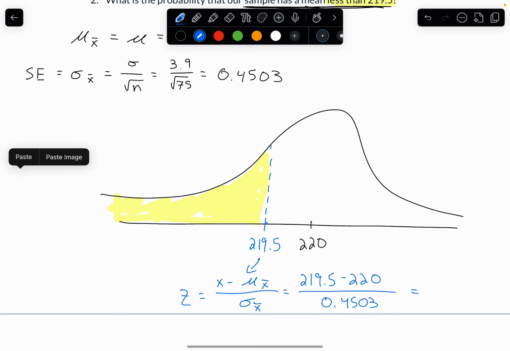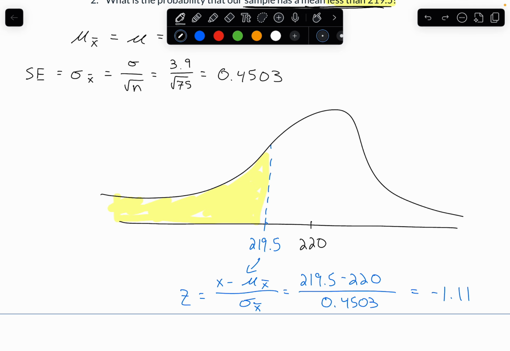So let me do that real quick. Minus 220 divided by 0.4503 gives me, in this case, negative 1.11. So that's my z-score. In this case, I'm already looking for the area to the left, which means I don't need to subtract it from 1. Just the number that I see is the number that I want.